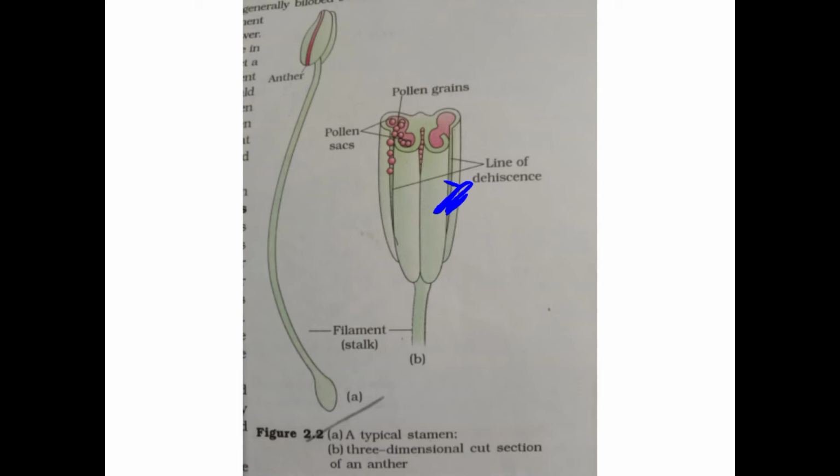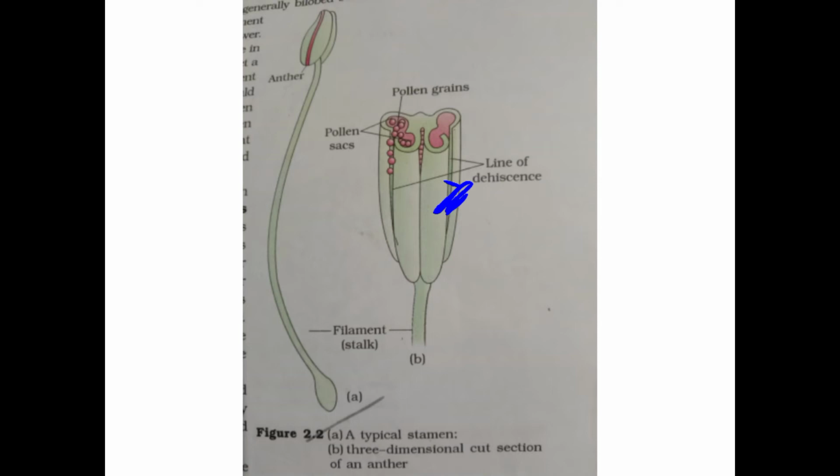At the corners of the theca, you can see the microsporangia. The anther is four-sided, consisting of four microsporangia. They are located in the theca.